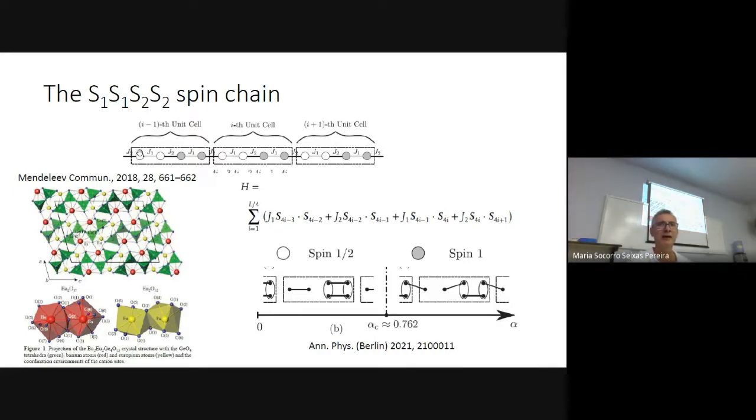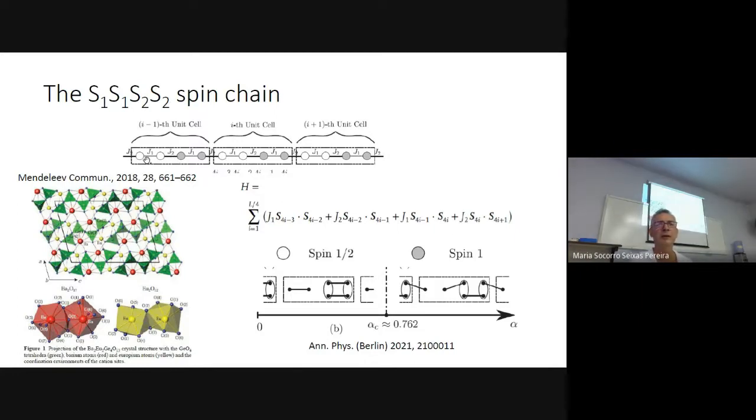And we are now addressing these tetramerized spin chain models, where in the unit cell we have 4 different spins. Actually, we have a pair of spins S1 and a pair of spins S2. And we will consider an alternating exchange coupling. So the exchange coupling between similar spins is J1, and the exchange coupling between different spins is J2.